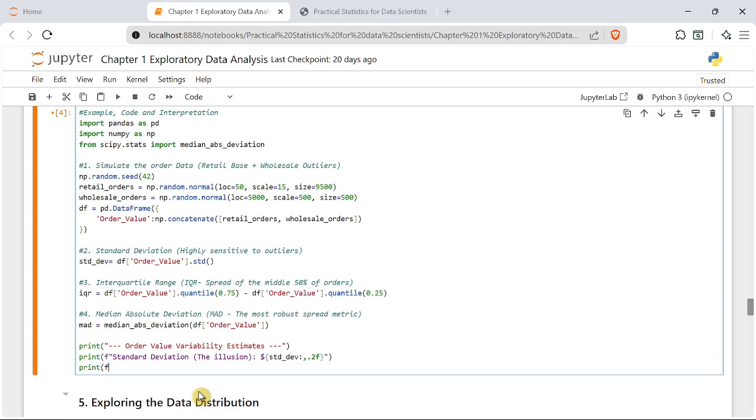Print f interquartile range, or IQR, the core 50% spread, as dollar IQR, dot 2f.